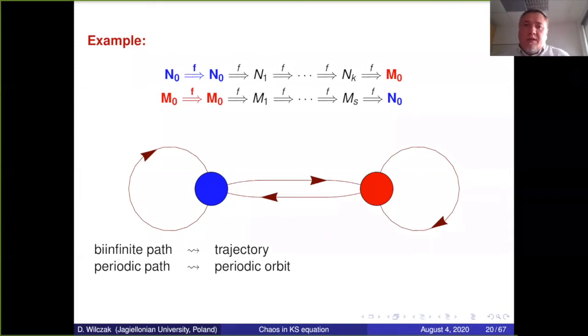So this is exactly what we did. We constructed a sequence of covariant relations in both directions between those two periodic orbits, a fixed point and a period 2 point for the Poincare map.